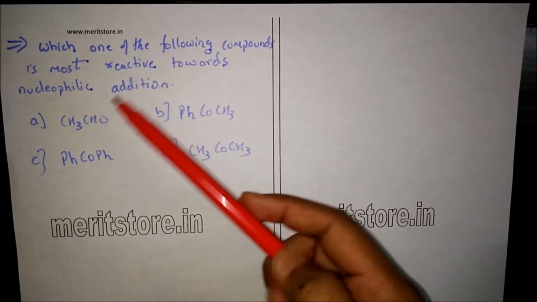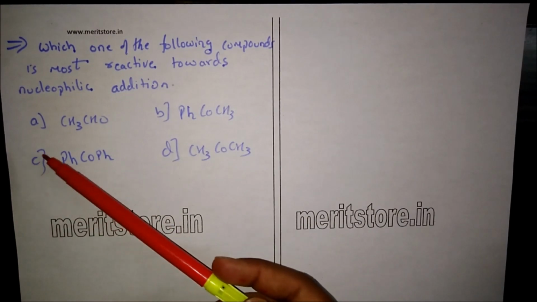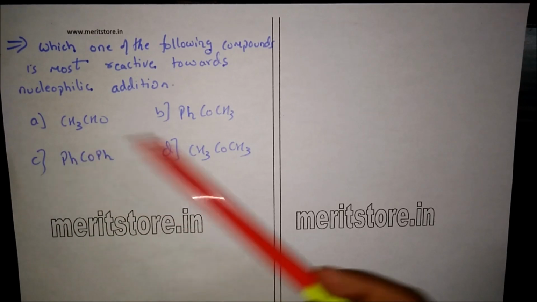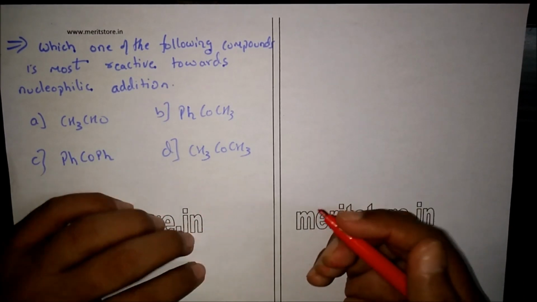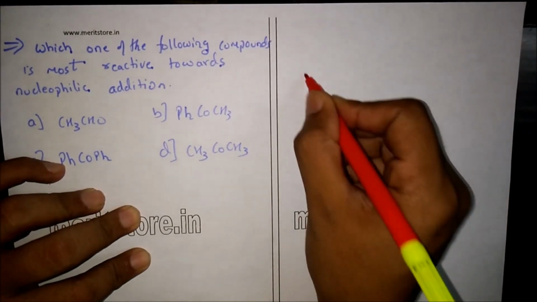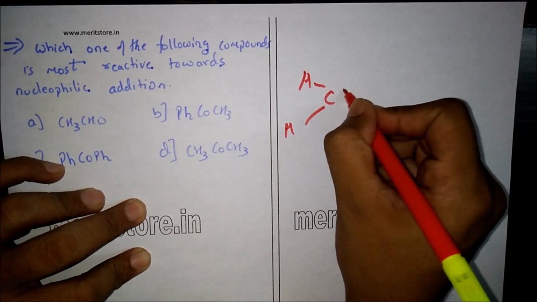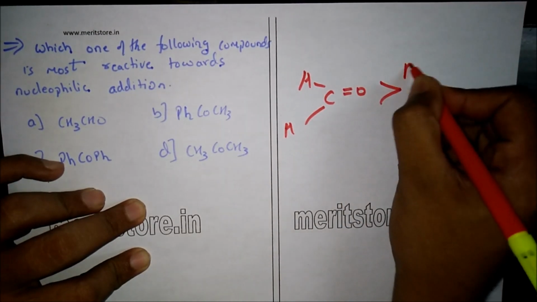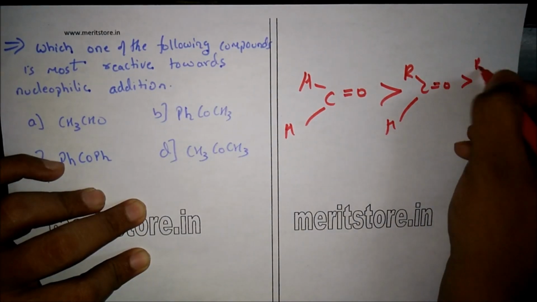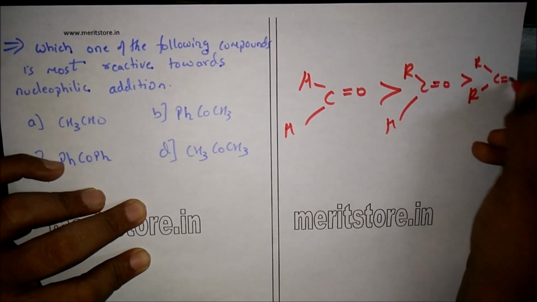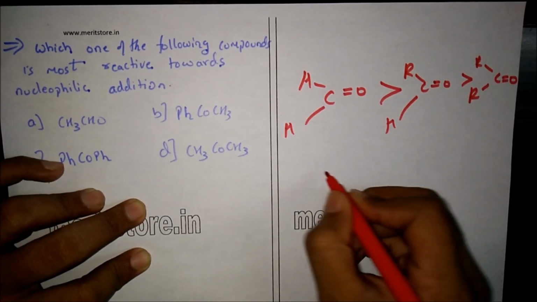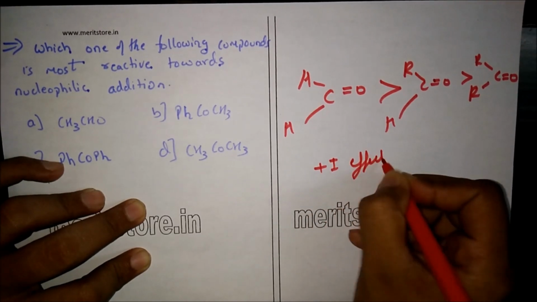Which of the following compounds is most reactive towards nucleophilic addition: A. CH3CHO, B. PhCOCH3, C. PhCOPh, or D. CH3COCH3. Now, in the nucleophilic addition reaction of carbonyl compounds, the order of reactivity is HCHO is more reactive than RCHO, which is more reactive than RCOR. The lower reactivity of ketones over aldehydes is due to the +I effect of the alkyl group.